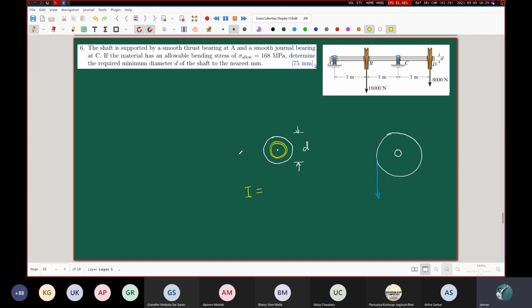That is not I, that is the J. So if you are doing that kind of a thing, you are finding out the J, which was actually relevant in torsion. And that we already know for a circle that J is equal to pi by 2 r to the power 4.